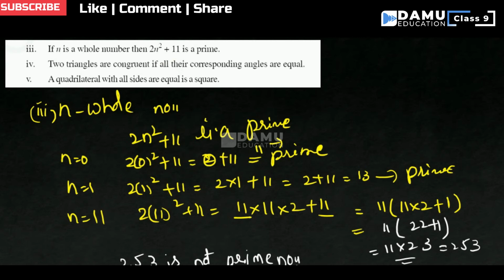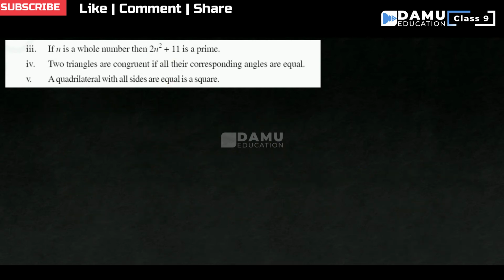Next one, our fourth one. What they are telling here is: two triangles are congruent if all their corresponding angles are equal. Let's take the angles like this: 40 degrees, 60 degrees, and 80 degrees.